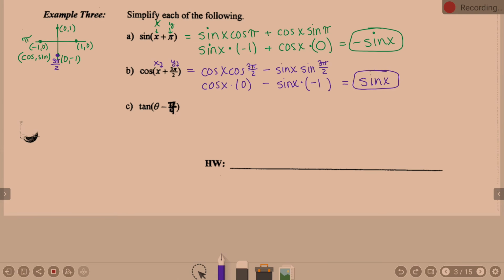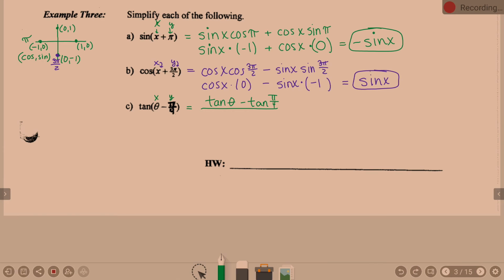Okay. One last one on this page. Pi over 4. Understand that that is a pi over 4. This time, we're doing a tangent. So, what goes on top? Tangent of theta minus tangent of pi over 4.